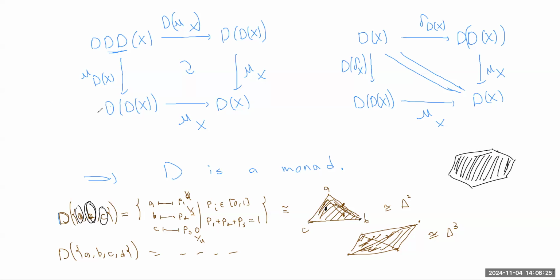But for example, this point I can write as something between this one, or maybe in the middle, I will take something in the middle. Maybe half of this plus half of this, but maybe I can also write it in another way, as maybe half of this plus half of this, or something like a quarter of this and 3/4 of this. It depends where this is. So we can write it in other ways, right? Okay, so it's not freely generated by these vertices. This is the difference.